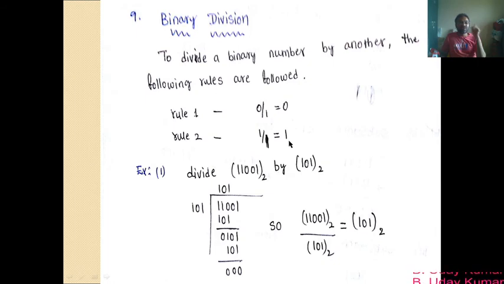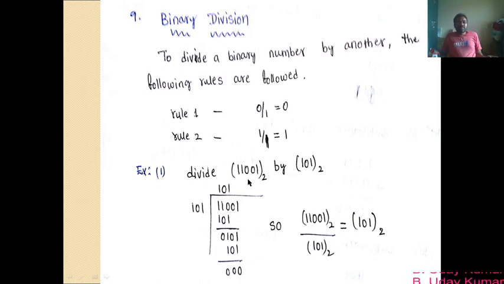And 1 cannot be divided by 0. And 0 by 0 is not defined, so forget about it. These are the 2 rules that you have to use here.